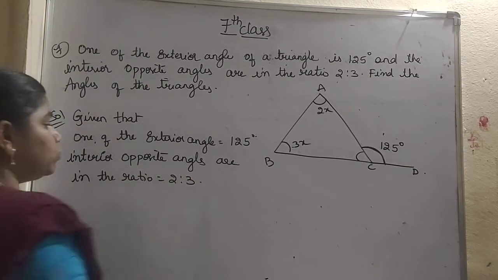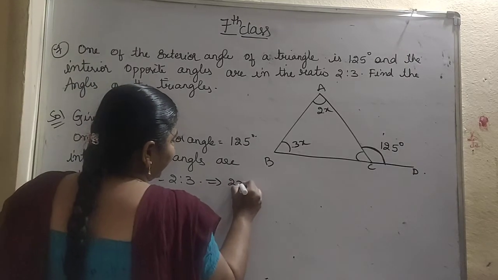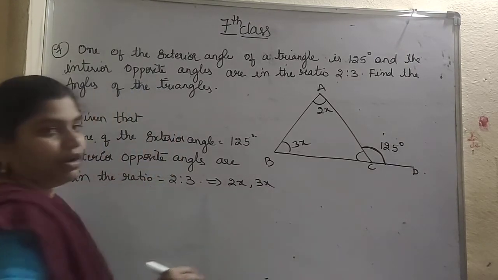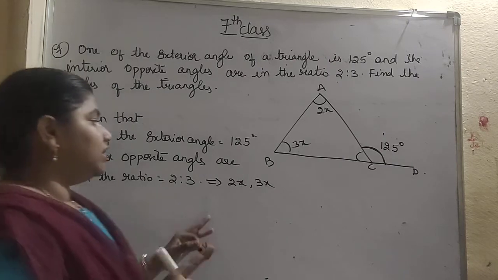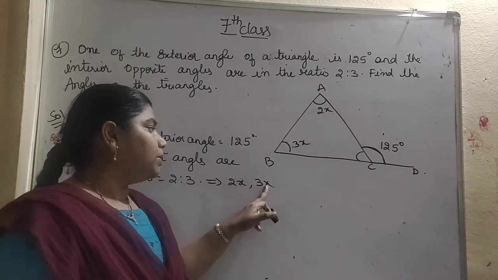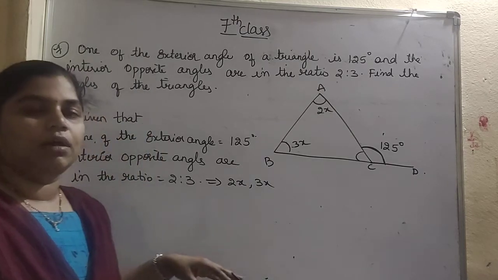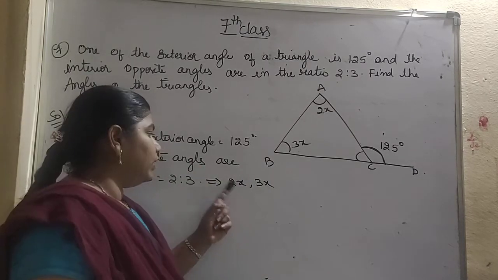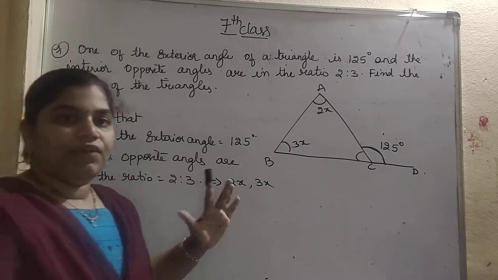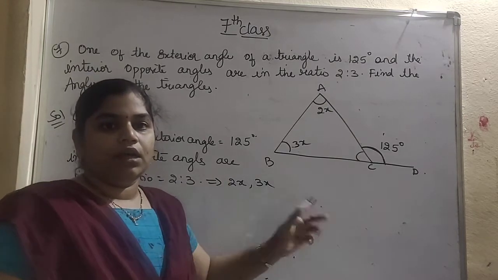So this 2:3 we can write in the form of 2x and 3x because the ratio is nothing but the result will be in the form of 2 multiples and 3 multiples. In place of x it can be any natural number and that natural number will be multiplied to the given ratio numbers, that is 2 and 3.